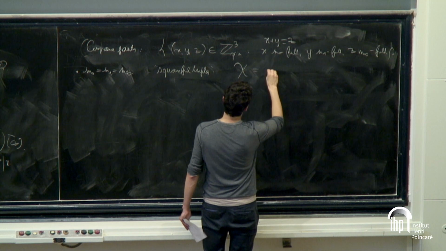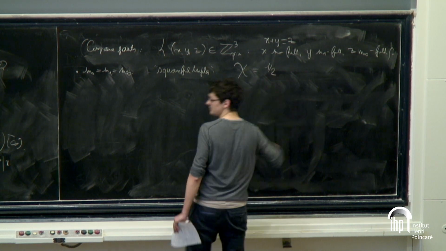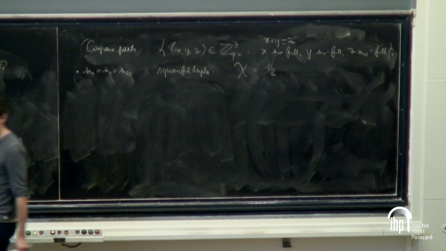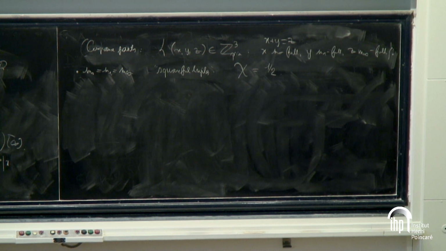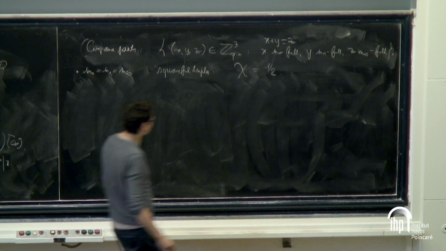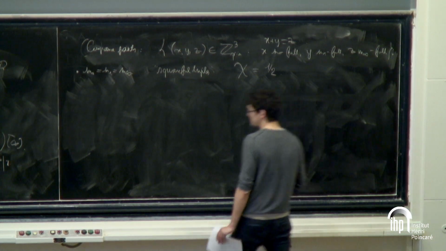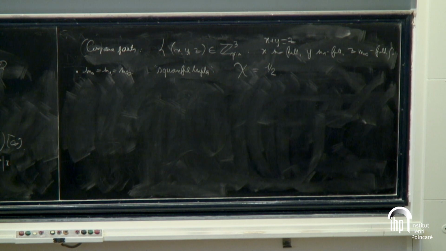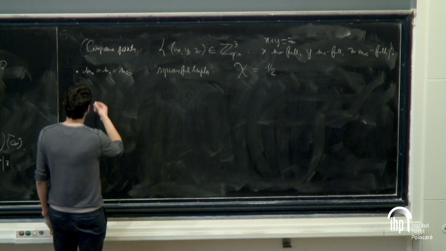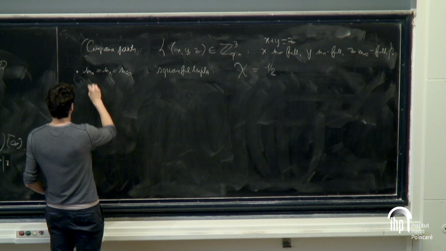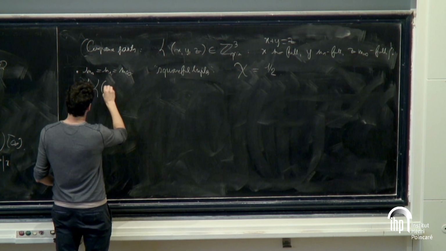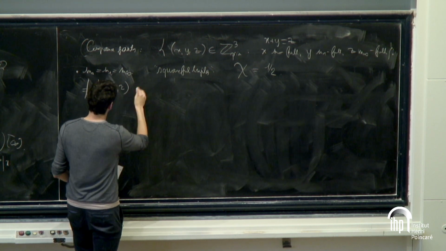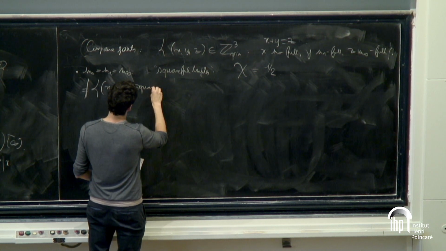Calculating chi yields 1/2, which is positive. So we're talking about some Fano curve in Campana's sense, so we should expect to see many Campana points. So the question is, can we actually count them? Let's look at the set of such squareful triples.